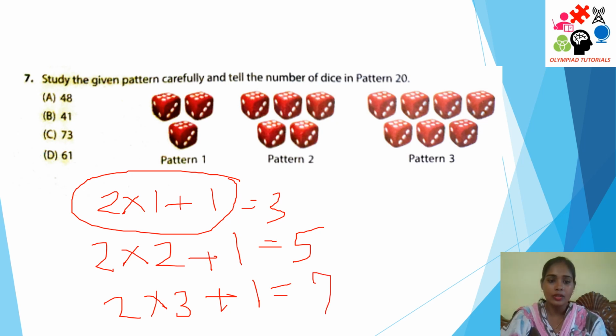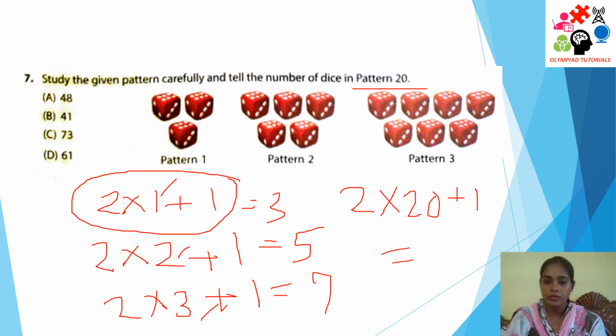So the values 1, 2 and 3 are representing the pattern number 1, pattern number 2, pattern number 3. They have asked for pattern number 20, so just replace that number: 2 into 20 plus 1 will give you 41. So pattern number 20 is going to have 41 dice. So 41 is your correct answer.